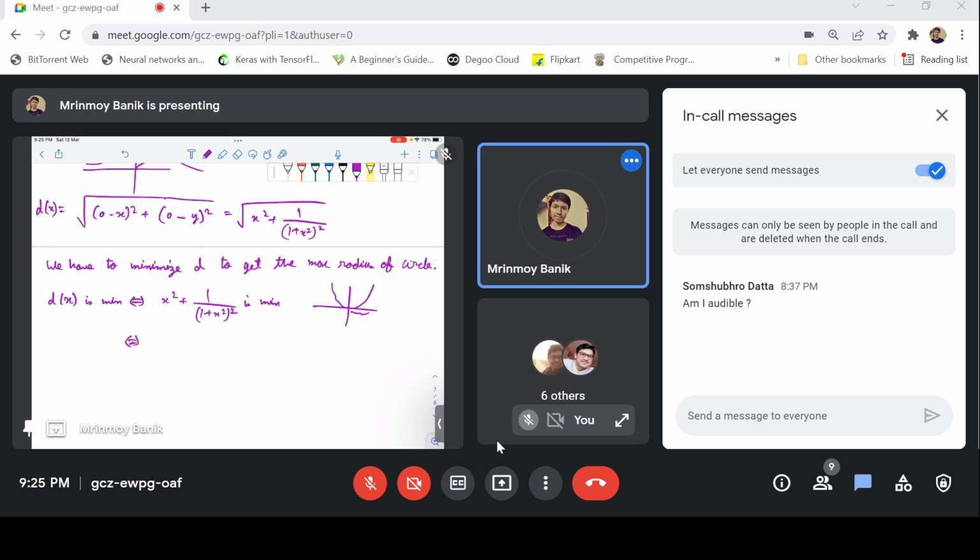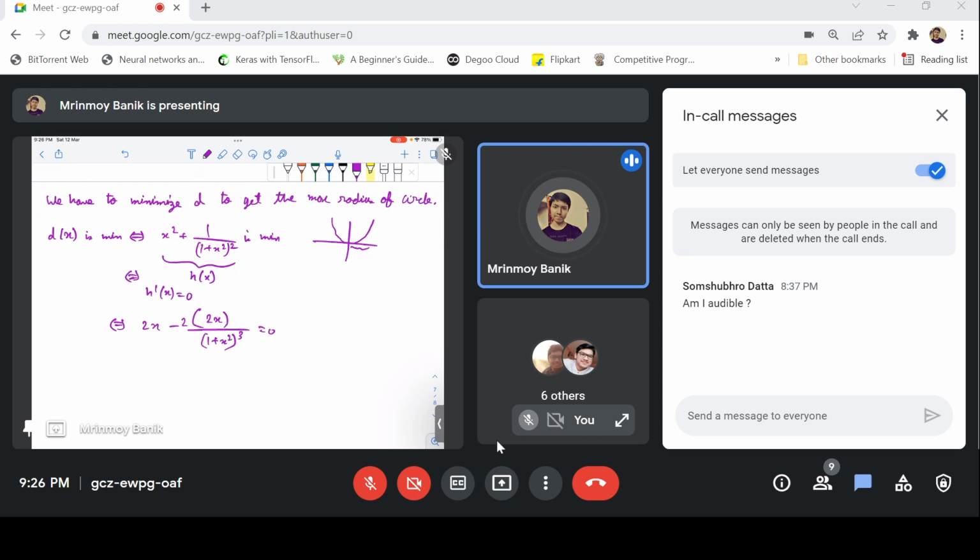So just call this some h or something. So h dash x equals to 0 if and only if 2x minus 1 plus x squared whole cube minus 2 times 2x. So assuming x not equals to 0, we can cancel out 2x.